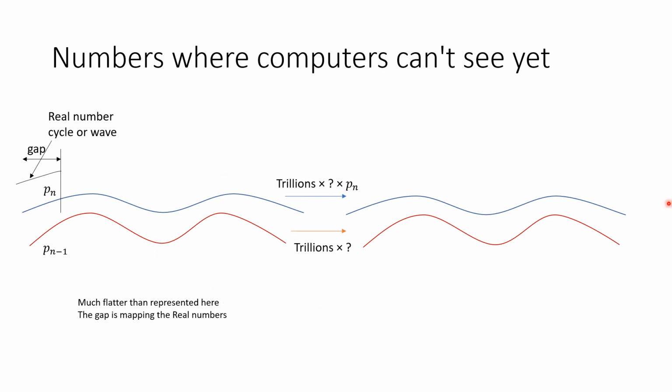So it's gonna be much longer, but similar in distribution to the red one. The gap is gonna be behind always, but these ones are gonna be mapping the real numbers. So eventually the real numbers are gonna be stabilized and look more alike the cycles.